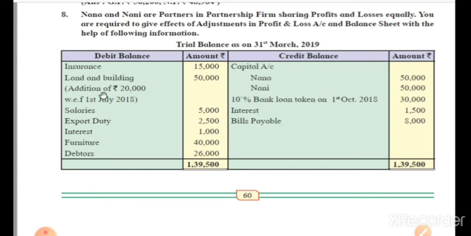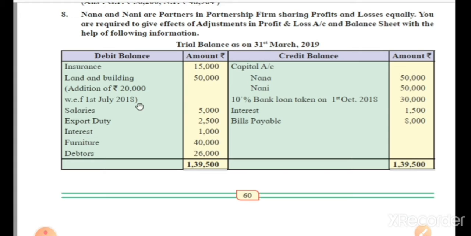What is that? Addition of rupees 20,000 with effect from 1st July 2018. Student, from this information we understood that the value of this land and building, which is 50,000, includes the 20,000 of land and building. That 20,000 land and building is purchased on 1st July 2018.